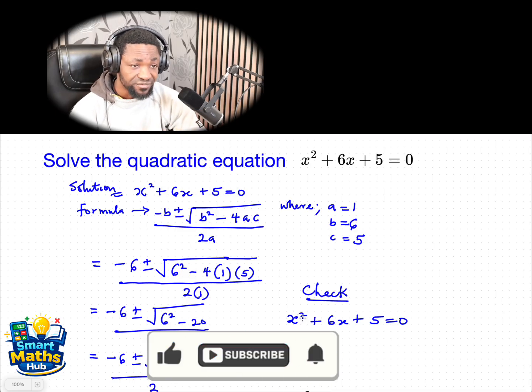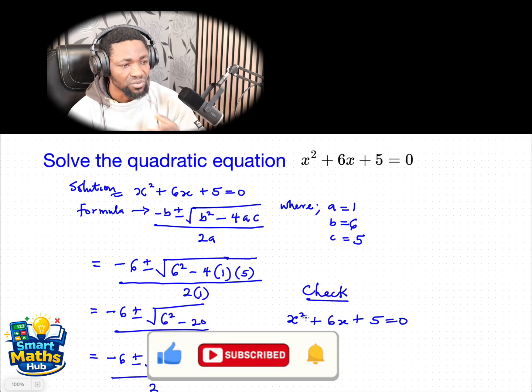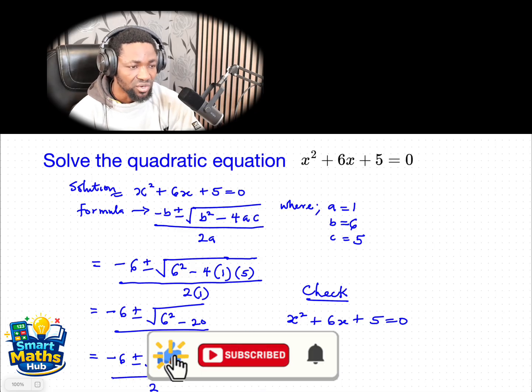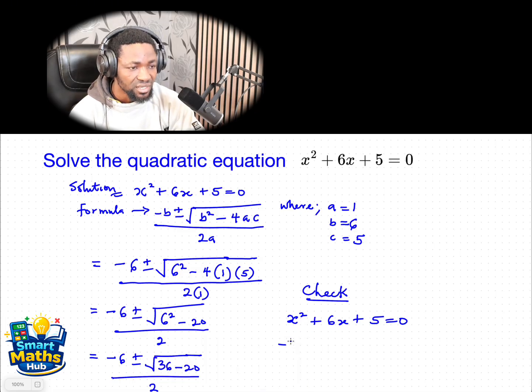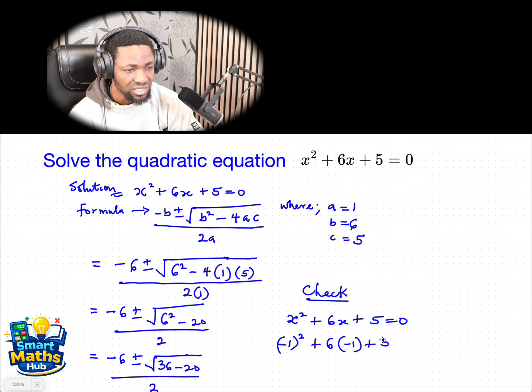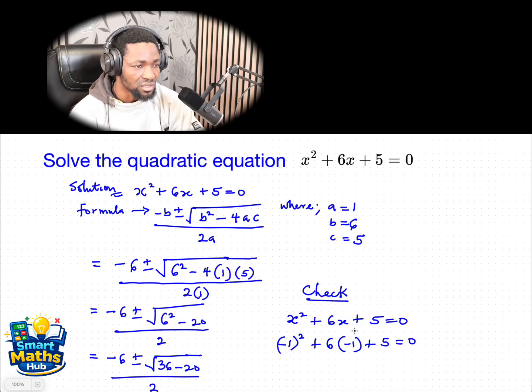The first one we have is minus 1, right? So let's substitute wherever you see x: minus 1 raised to power 2 plus 6, open the bracket, minus 1, plus 5 equals to 0.